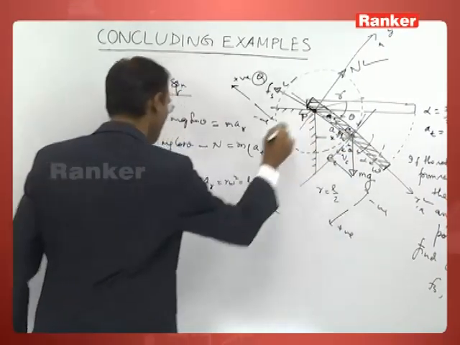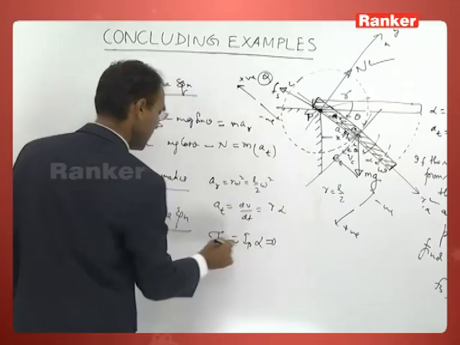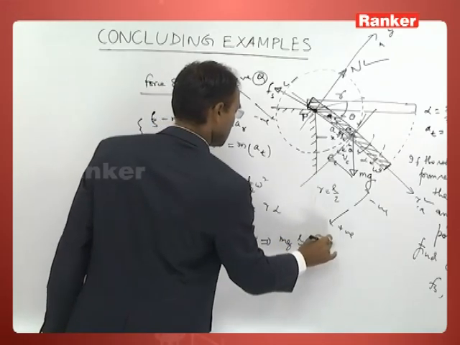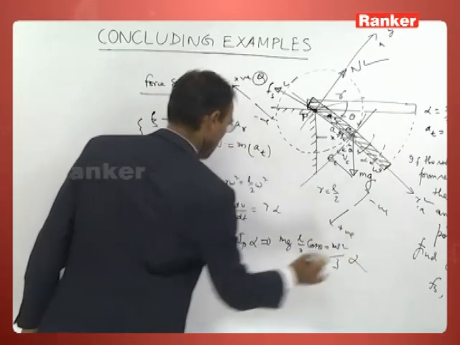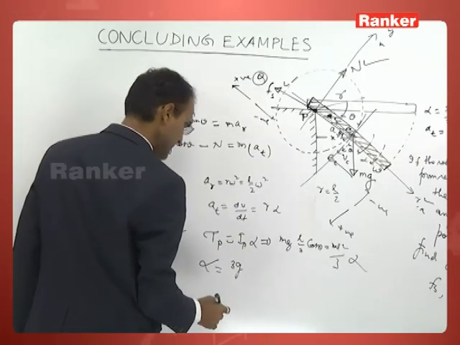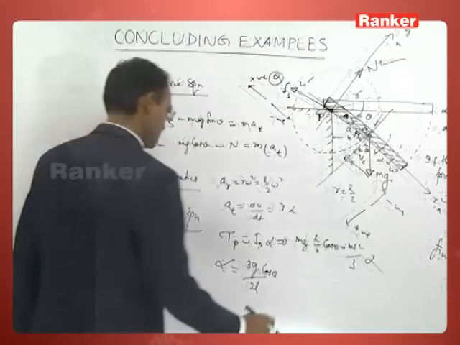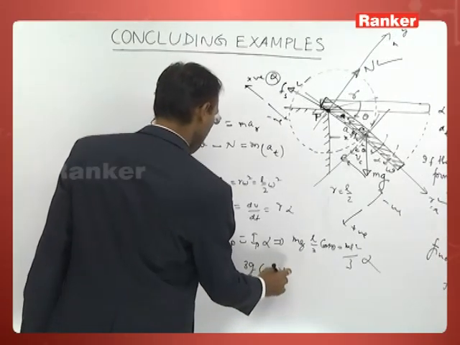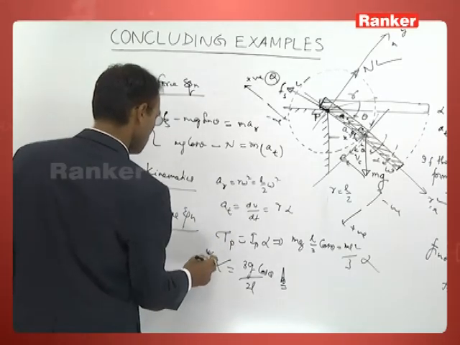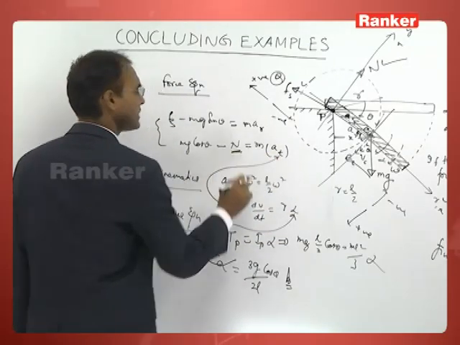Torque is produced by the gravity about this point. That's equal to tau p is equal to Ip into alpha. Already I have explained this. mg L by 2 cos theta is equal to mL square by 3 into alpha. Alpha you have got directly 3g by 2 into cos theta by L. This is the direct answer of alpha from the torque equation. If you substitute alpha, you are getting at. If you substitute at, you are getting normal reaction.